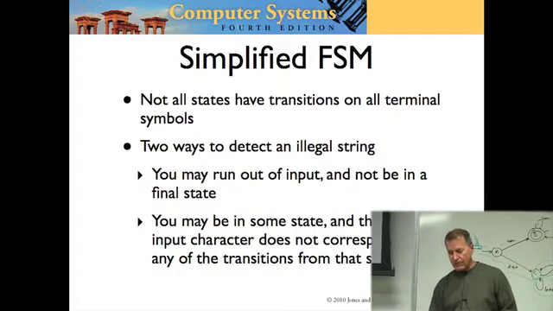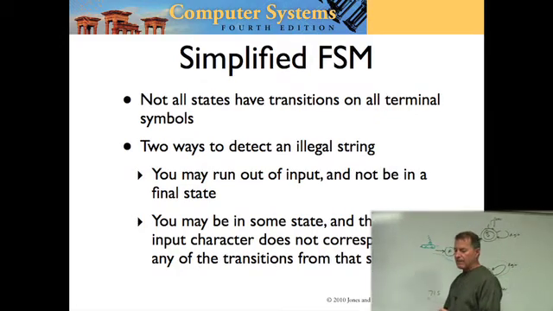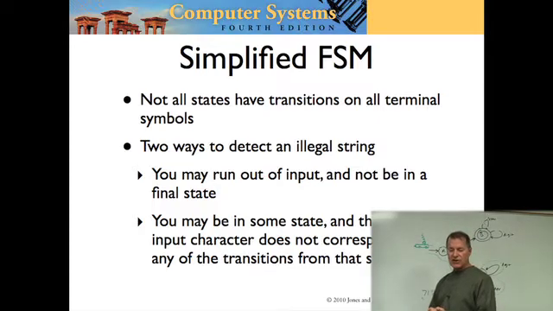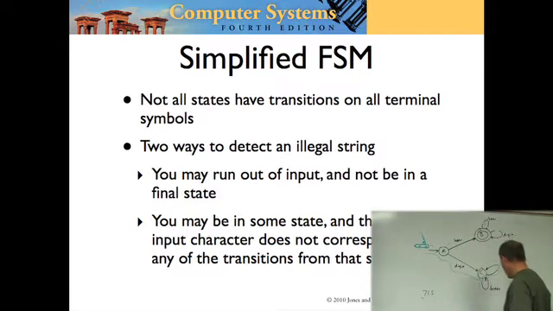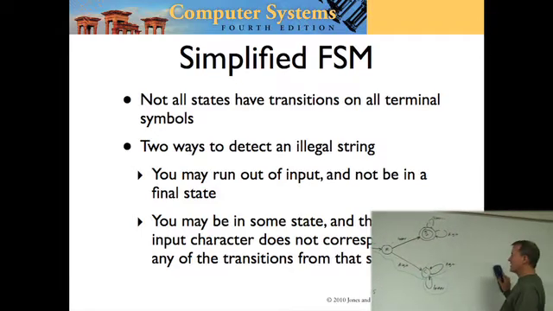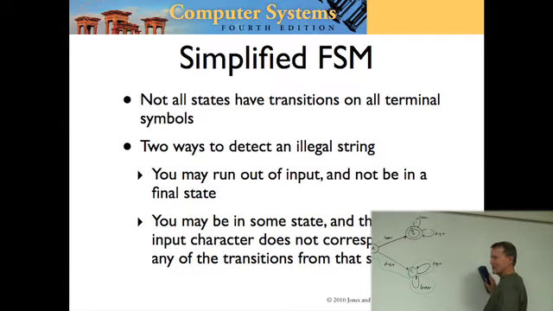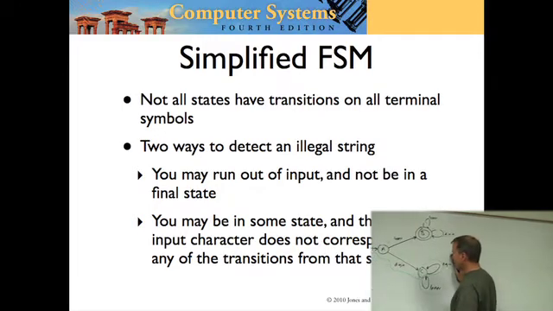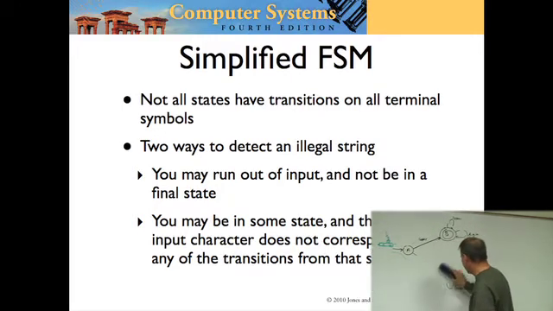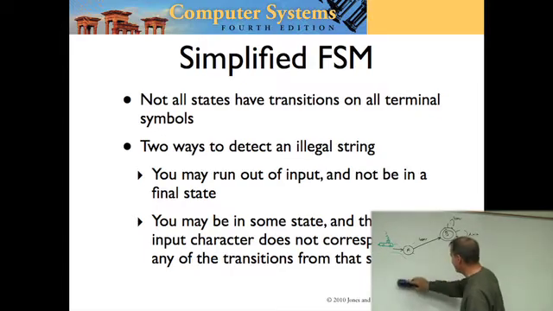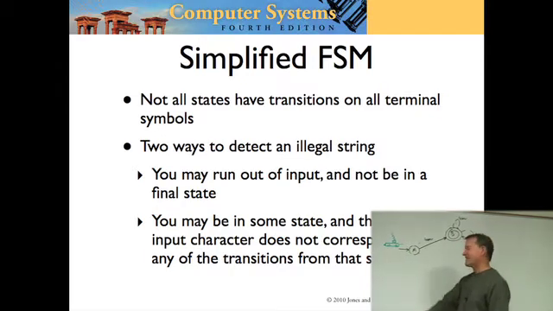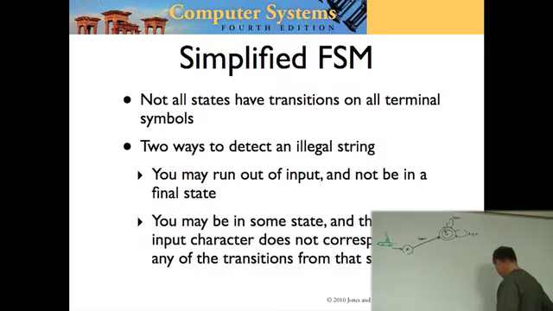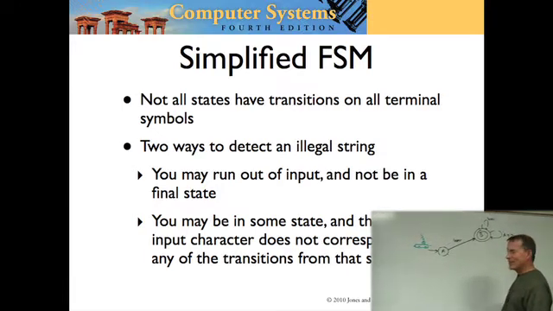So now what we are proposing is that for a simplified finite state machine, not all states have transitions on all terminal symbols. All right? So here's what we're going to do. Over here, we're going to erase this one. We'll just get rid of it.